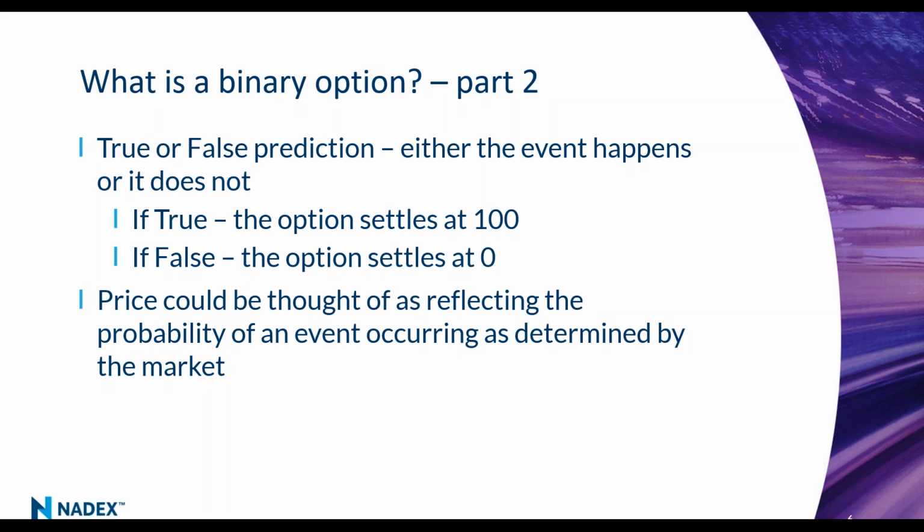And I'll get into this and show you this as well. If something is trading right around 50, the market is telling you there's a 50% probability that this could happen or a 50% probability that it might not happen. This is all the people who are bidding and offering for these contracts. That is the probability at that moment in time.